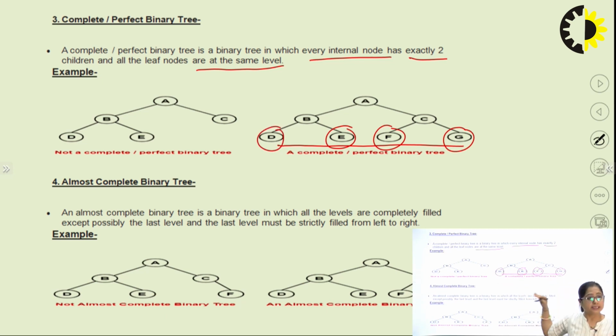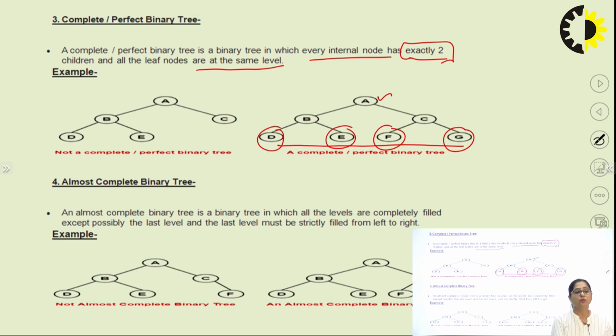All are at the same level and every internal node has exactly 2 children. So keep in mind, exactly 2. A has 2 children, C has 2 children and D has 2 children. So the exactly-2-children condition exists and all the leaf nodes are at the same level. We can say that this is a complete or perfect binary tree.